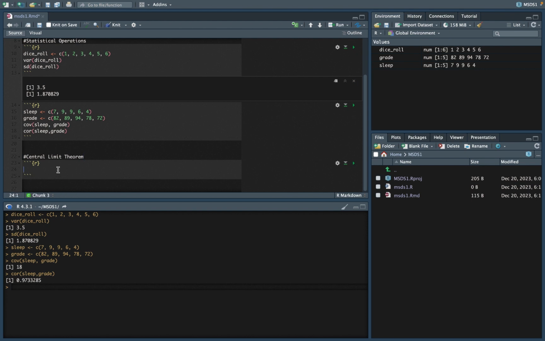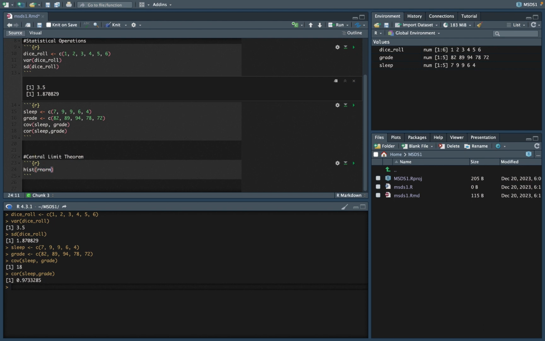Okay, so for the central limit theorem, recall that as the sample size increases, the distribution of any random variable that has a given mean and SD will become closer to a normal distribution, right? The easiest way to demonstrate that in R is by a histogram of a random normal distribution.